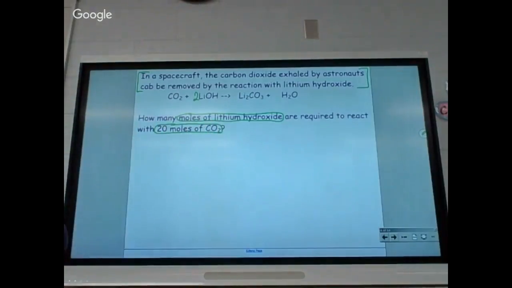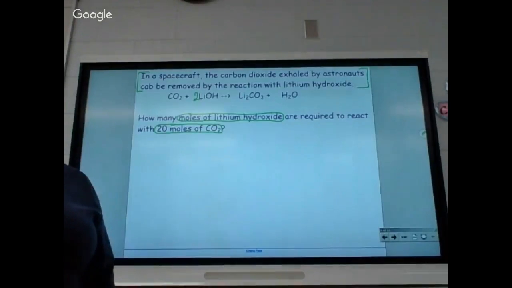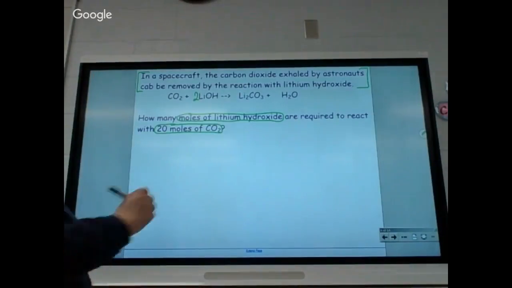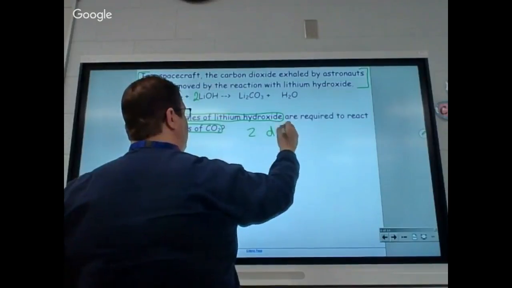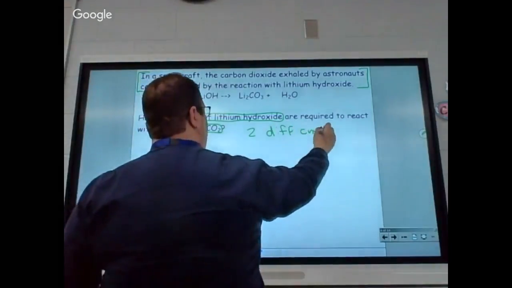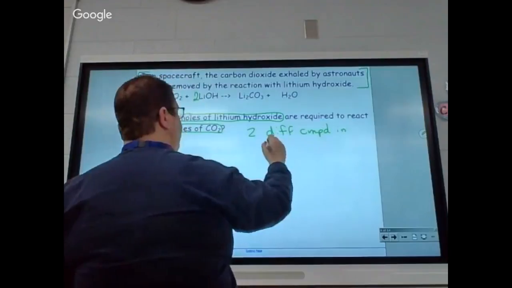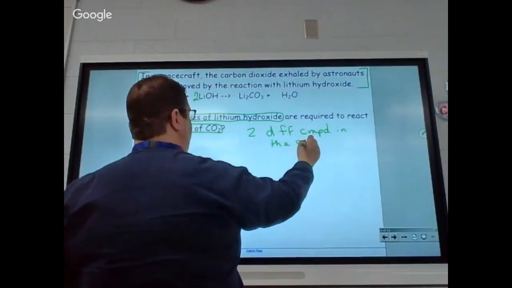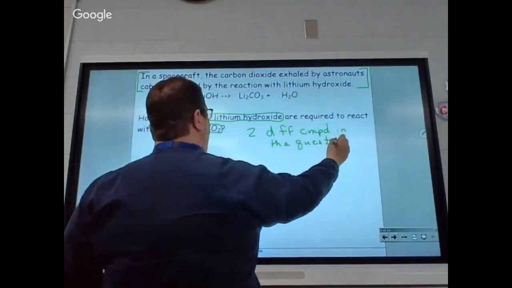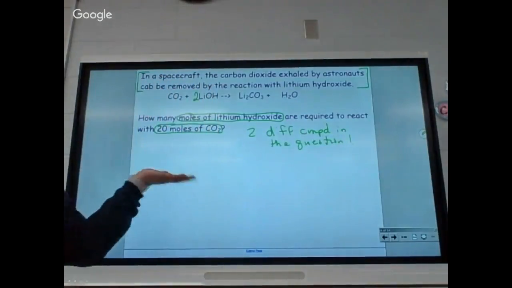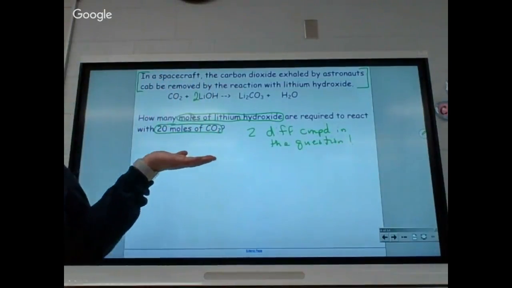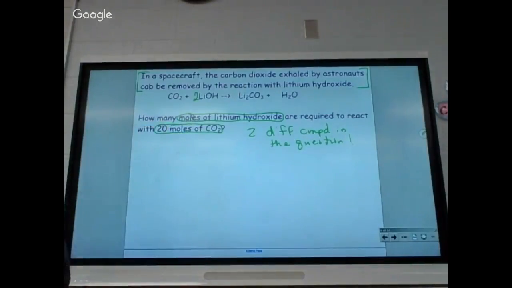How many compounds are there in the question? There are 2 different compounds in the question. That's what tells you that this is different. They're giving you one compound and they're asking you to find the moles of a different compound.